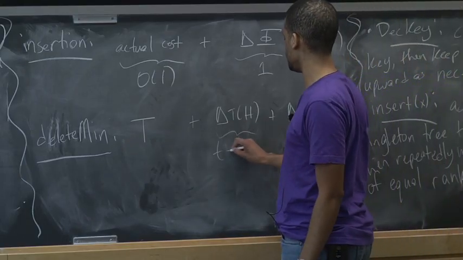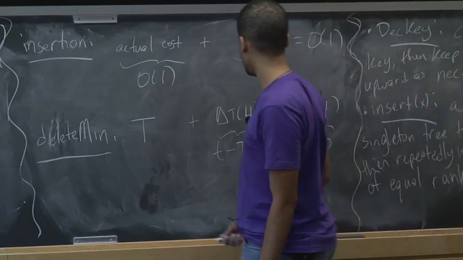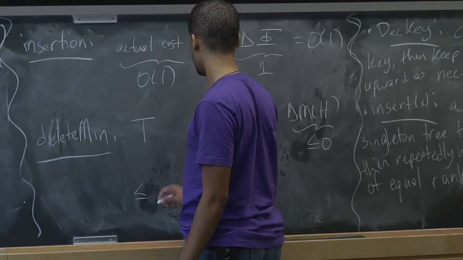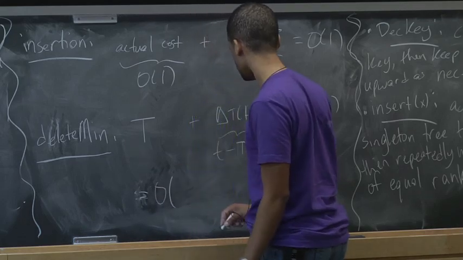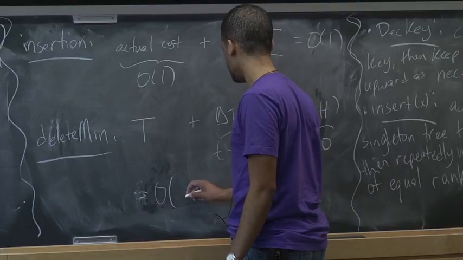The number of trees though, that's t minus t. So this is going to be at most O of small t.